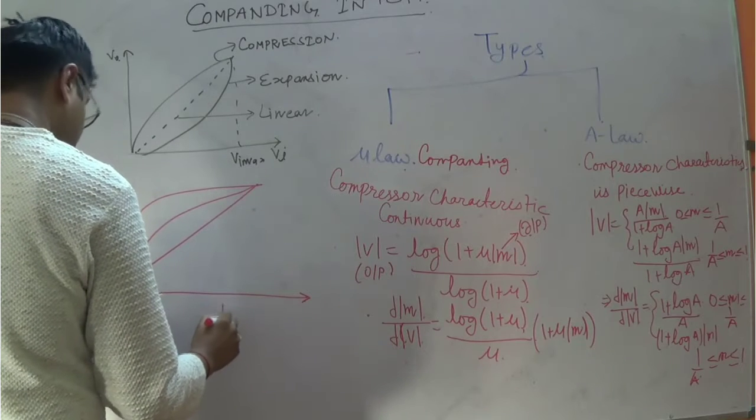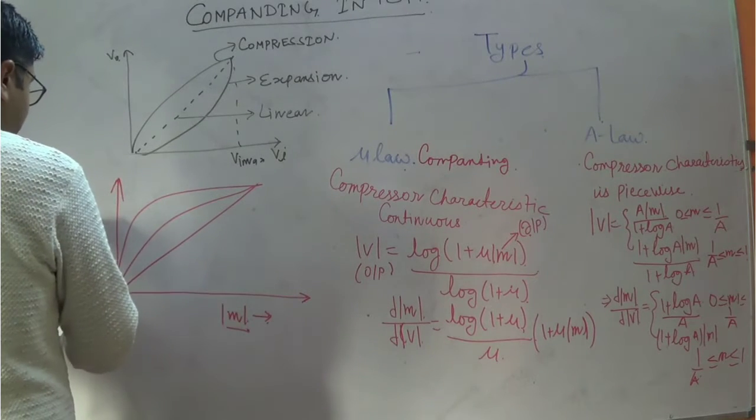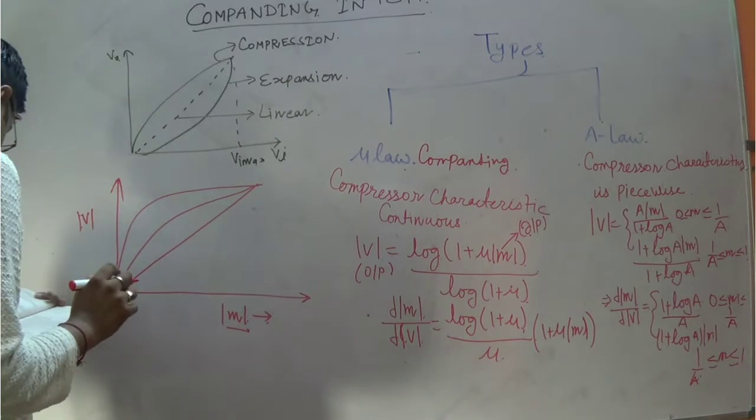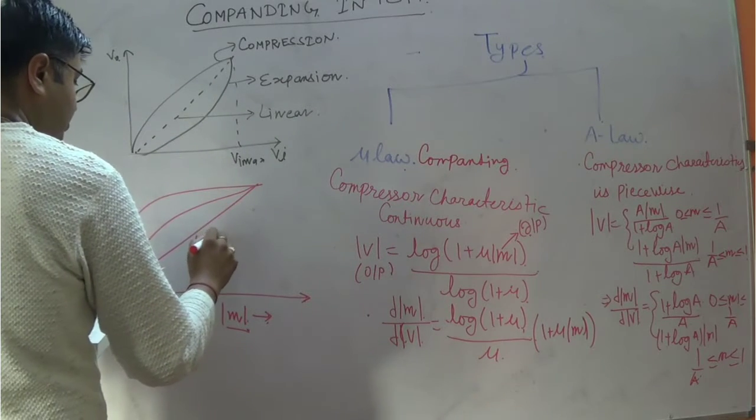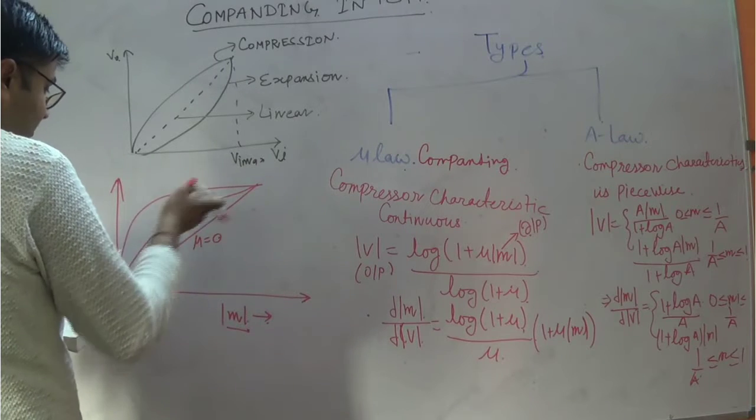This is the normalized input, that is M, and that is the normalized output. When mu is 0, it looks like this, the linear characteristics.